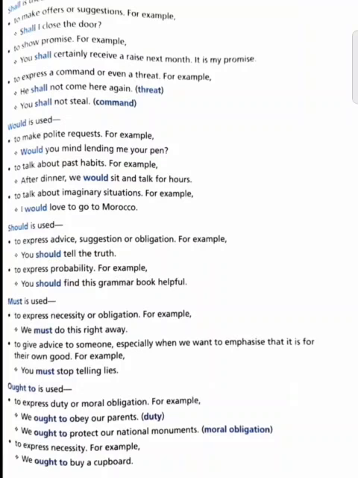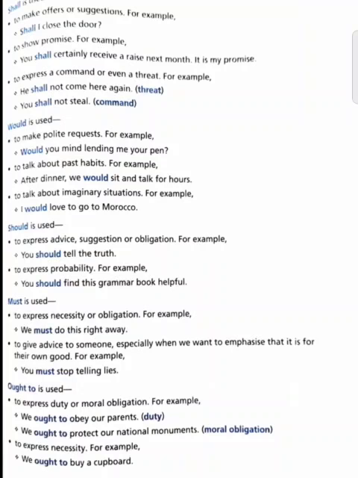Now uses of should. So children, to express advice, suggestion and obligation, meaning what's your duty. So in such cases you will use should, like you should tell the truth. And to express probability, like you should find this grammar book helpful. So in such cases we will use should. Now use of must.